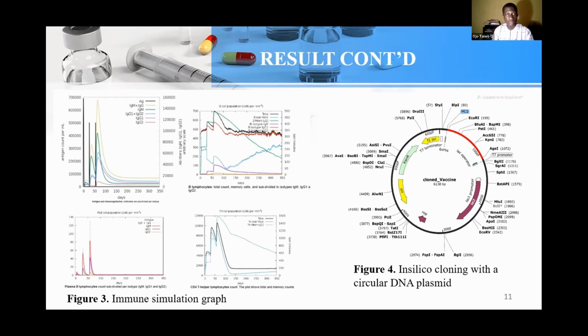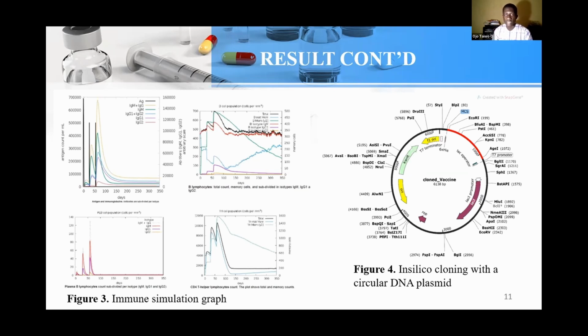To synthesize this particular viral protein vaccine, we performed in silico cloning using a circular DNA plasmid. The red portion of the circle shows the region where the vaccine is incorporated into the DNA plasmid.